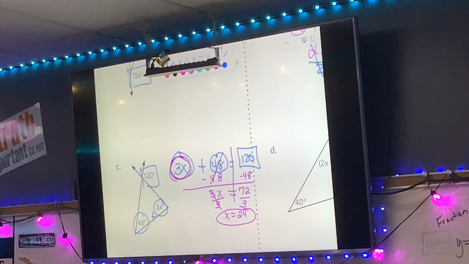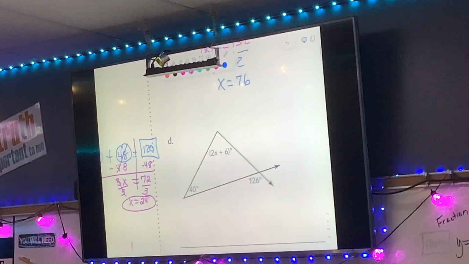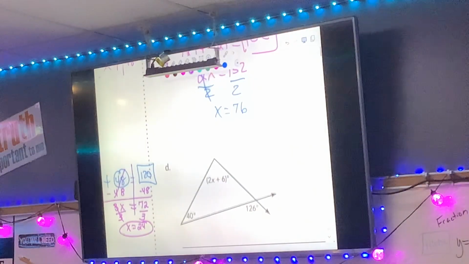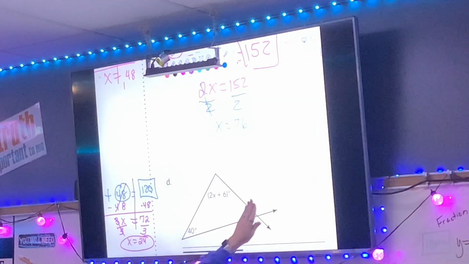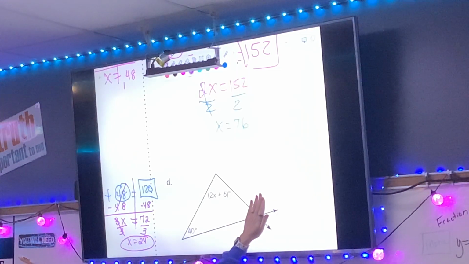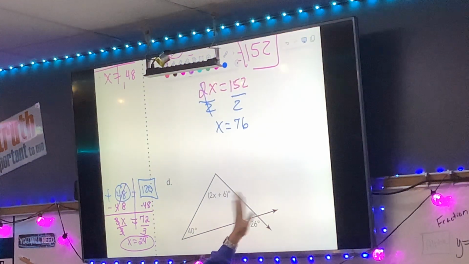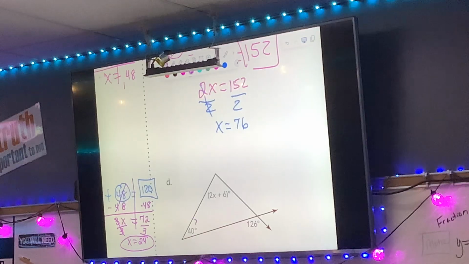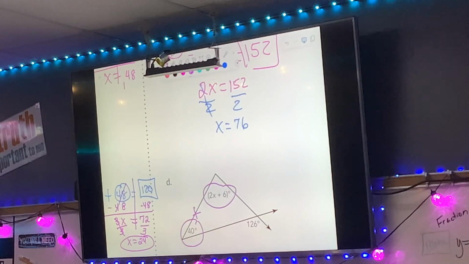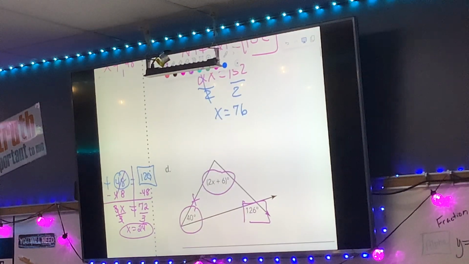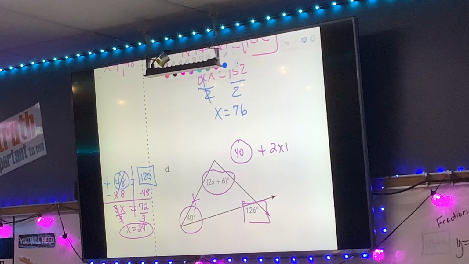Okay, now we're going one step further. I'm going to ignore my exterior. I see these are my two remote interior. So I have 40 plus 2x plus 6 equals 126.